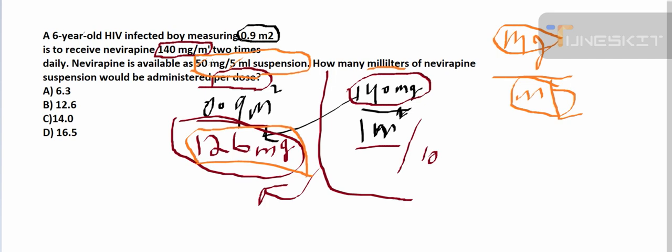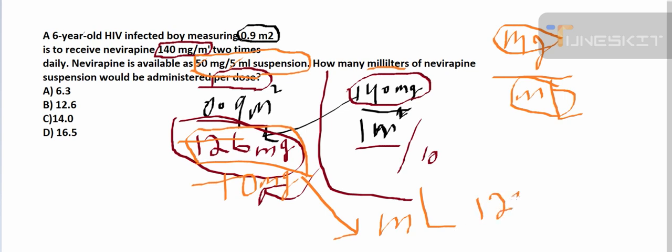Or simply, you can just divide the 126 with 10. Since 1 ml contains 10 mg, divide the dose with 10 mg, you will get the answer in ml. When you divide, this will be 12.6 ml.